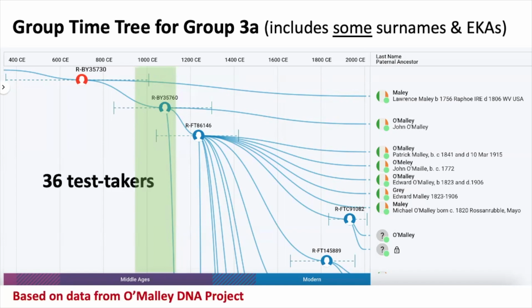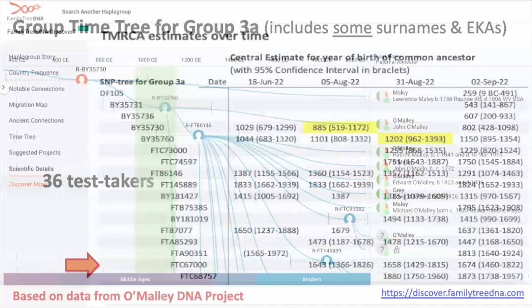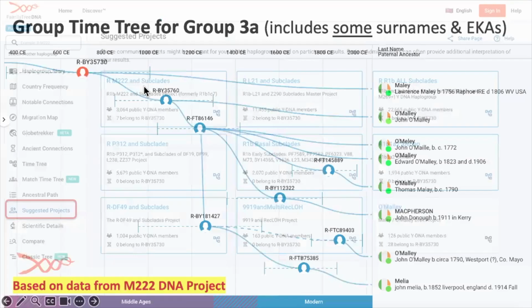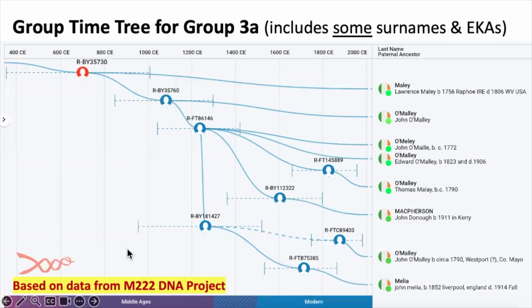This is based on data from the O'Malley DNA project. It's the group time tree. There are 36 test takers in this particular portion of the group time tree. If we switch to, let's say, the O'Malley one, it has 28 with that particular DNA signature. If we change to the M22 project, it only has 8 test takers, and you can see them here.